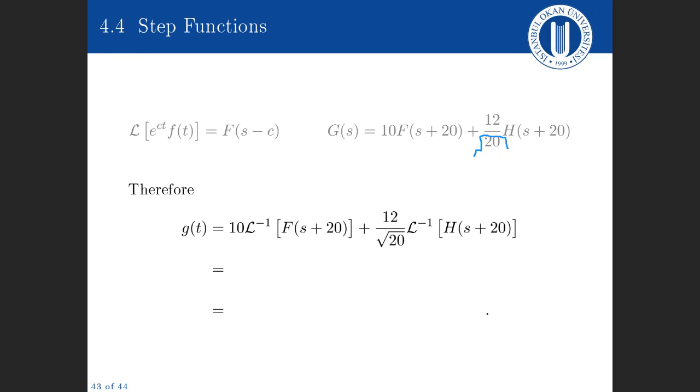Now we use the formula at the top right, both for F and for H. We have 10 e to the power minus 20t, inverse Laplace transform of capital F, or small f, plus 12 over root 20, e to the power minus 20t, inverse Laplace transform of capital H, or small h.